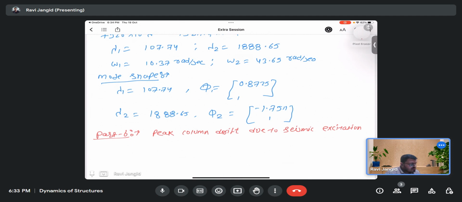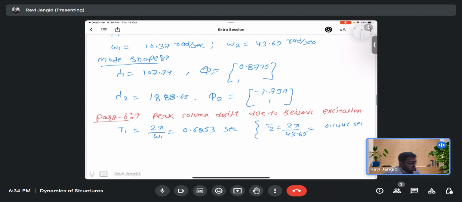Okay, so for this, we will first find out our time period T1. That is 2 pi by omega 1. If you do that, it will come out to be 0.6053 second, and for T2, 2 pi by 43.65, it will come out to be 0.1446 second.